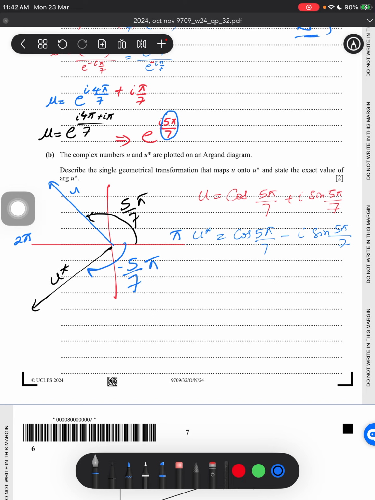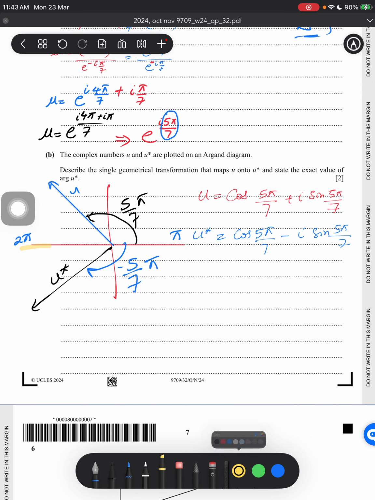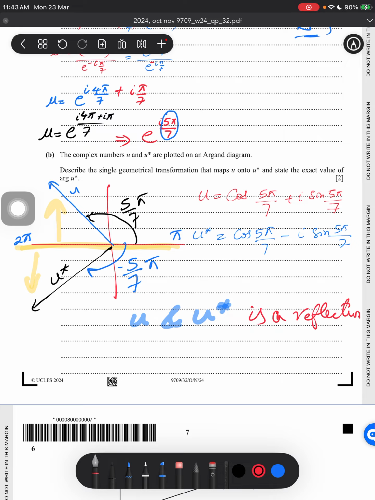What we observe from this is that u and u star are a reflection across the real axis. We cannot call it the x-axis because it is a complex number, so we say that u and u star are a reflection in the real axis.